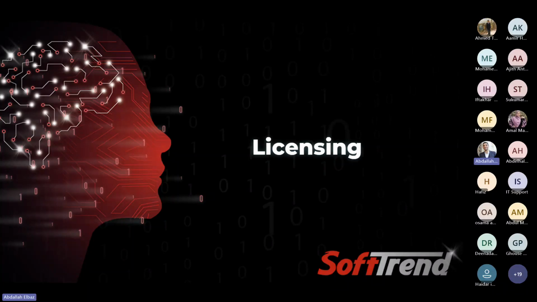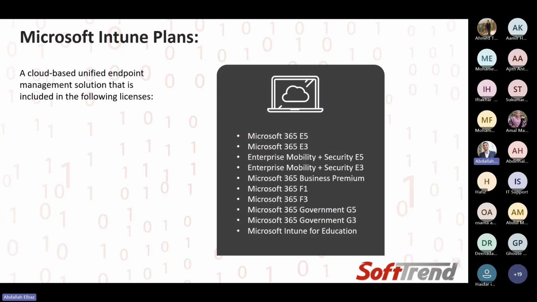Now we'll talk about the licensing. How can I use Microsoft Intune? Microsoft Intune is included with the below plans. You can take it from Microsoft 365 E5 and E3, Enterprise Mobility and Security E5 and E3, and Business Premium, which is a good opportunity if your renewal will be soon.